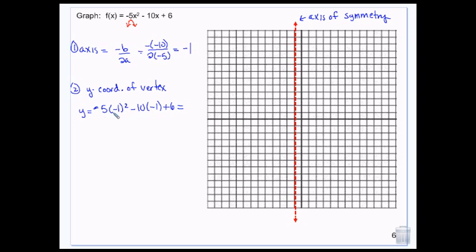So I have -5 plus 10, so that's 5, plus 6 is 11. Uh-oh. 4, 5, 6, 7, hold on. 1, 2, 3, 4, 5, 6, 7, 8, 9, 10. Ooh, I've made it. So there's 11. My y-intercept is 6.